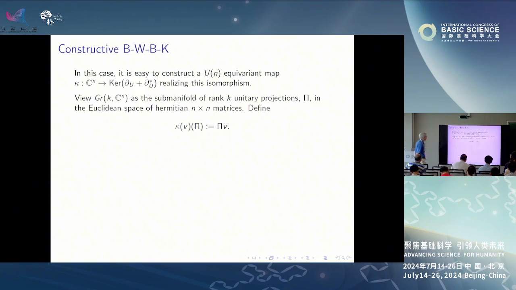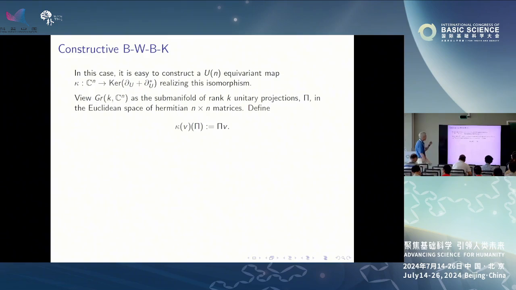And if we define kappa, the elements in this kernel... Elements in the kernel are, of course, sections. To tell you what a section is, I have to evaluate it at a point.